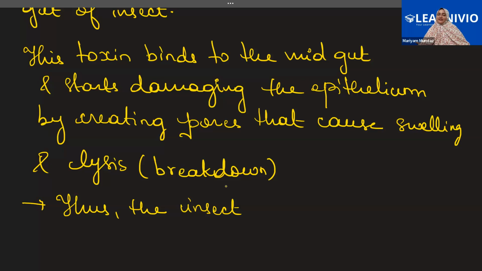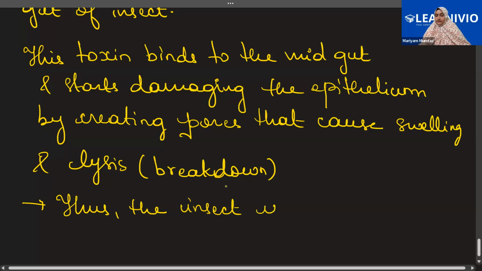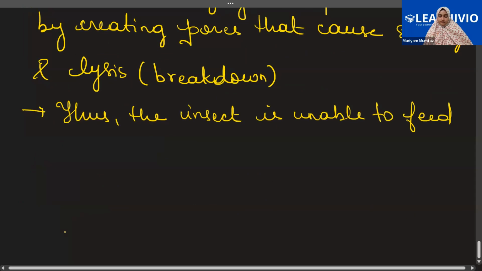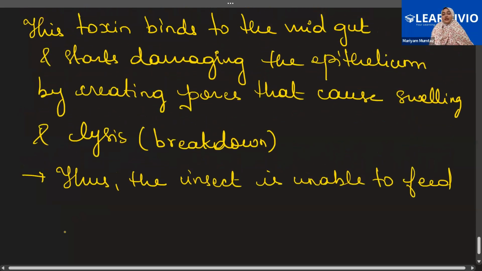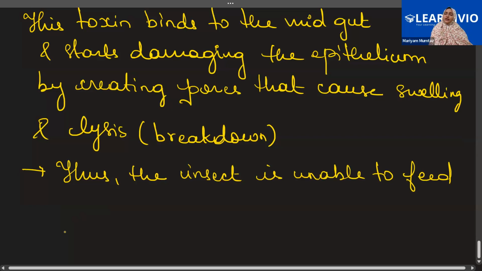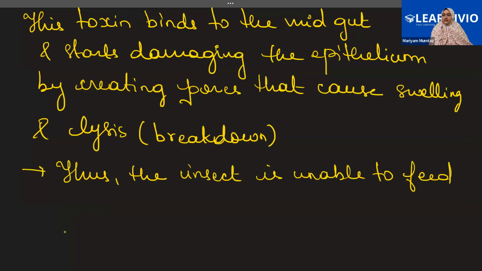My questions are so long that I forget what I was asking. I guess, yes. Yes, how? Because the plants are killing the insects, and sometimes insects act as pollinators. You are right. In some way, maybe it can affect the pollinators also. But it will only happen when the insect is trying to ingest the plant. Okay.